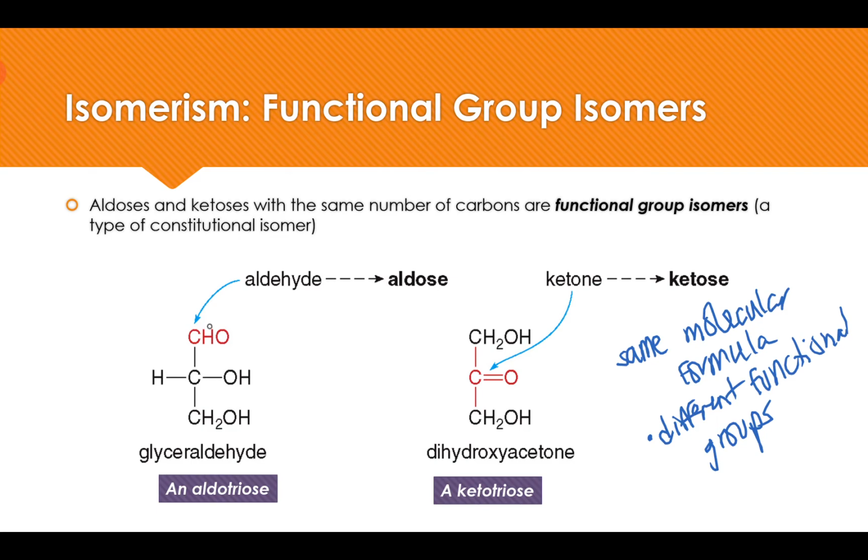So our aldose has 1, 2, 3 carbons. This one also has 3 carbons. They have the same number of hydrogens and the same number of oxygens. Functional group isomers are a type of constitutional isomer, meaning that the arrangement of the atoms is completely different between the two molecules.